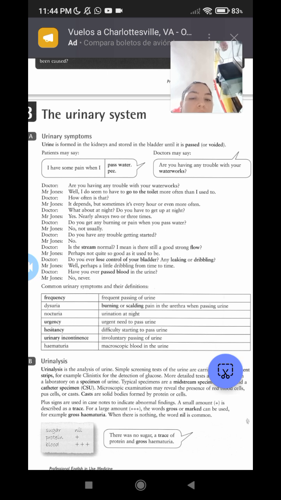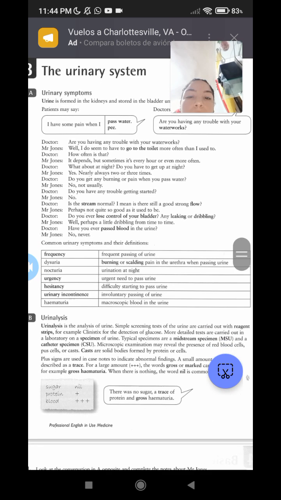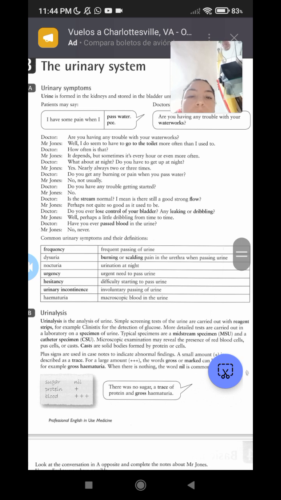Doctor: Do you have any trouble getting started? Mr. Young: No. Doctor: Is the strain normal? I mean, is there still a good strong flow? Mr. Young: Perhaps not quite so good as it used to be.